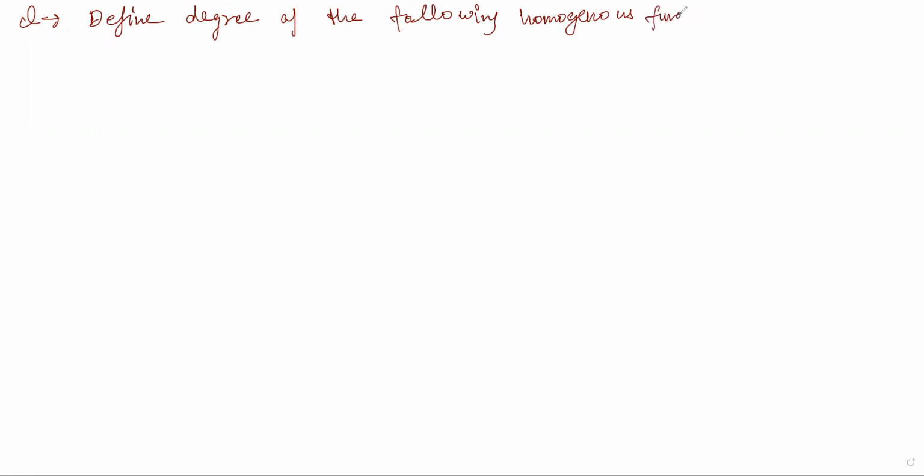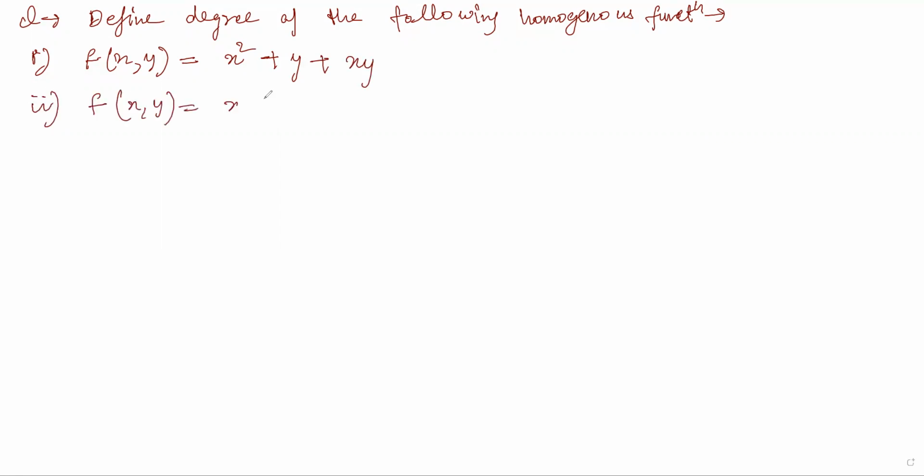We are just talking about homogeneous function. So first is f of x, y is equals to x square plus y plus xy. Second is f of x comma y is equals to x plus y square plus 2xy.